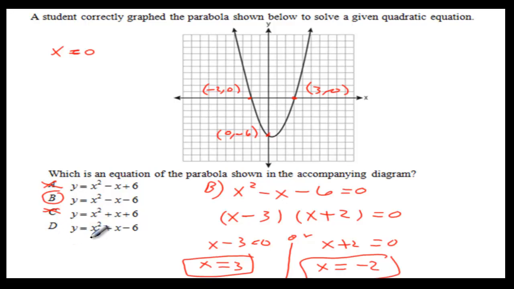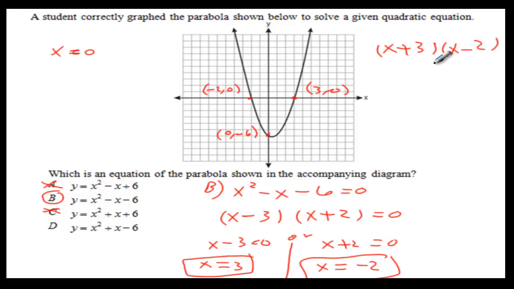Let's look at choice D. Two numbers that multiply to 6 and differ by 1. We can use the same method in this case. So you're going to have x, 3, 2, but the 3 in this case is going to be a positive 3, negative 2.